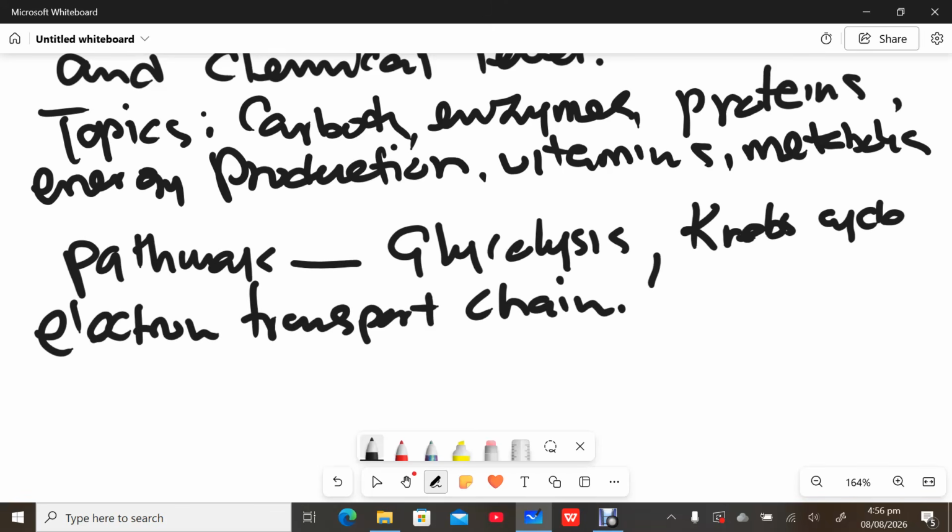So this is all about biochemistry in a nutshell. These are just some of the metabolic pathways of biochemistry, but there are quite a lot of pathways. But these are the most important ones.